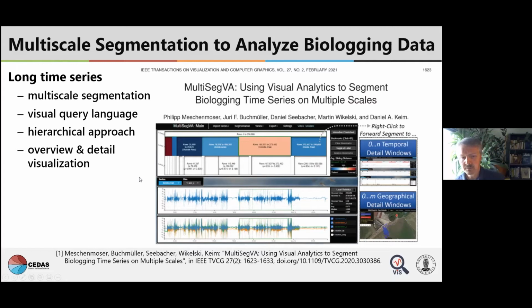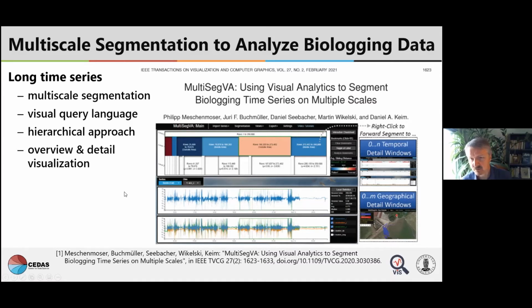And here the approach is that a segmentation is performed on multiple different levels, scale levels, in order to boil down the visualization to what can be shown actually in the space and time that the visualization has available on screen. And they come up with a visual query language that they can parameterize through the interface in order to adjust the segmentation at the different scale levels across the time series.